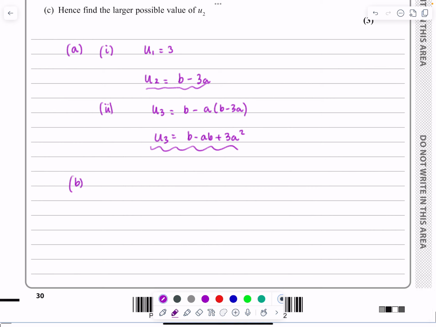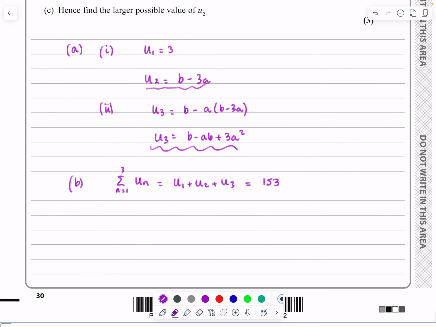The sum from n equals 1 to 3 of Un, what does that mean? That means the sum of U1 plus U2 plus U3. All I'm doing is putting n equals 1, n equals 2, n equals 3. 3 is the last term there. So they're telling me that's equal to 153.